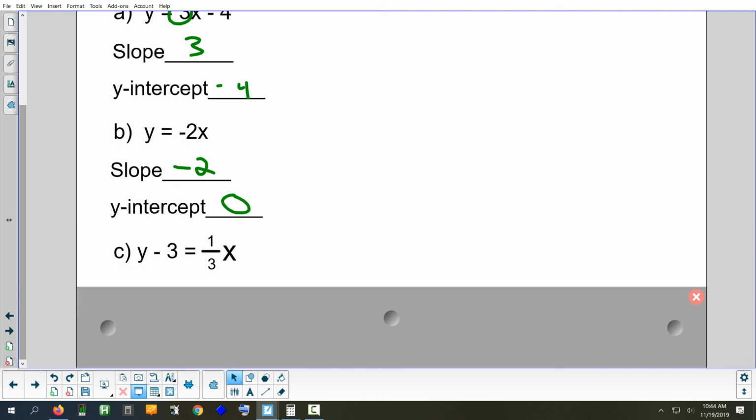Let's look at the last one, C. Is that y equals mx plus b? No. This one's a little bit more work. What do I have to do to fix it? Add 3 to both sides. When I do that, what's on the left side now? That's exactly what we want.